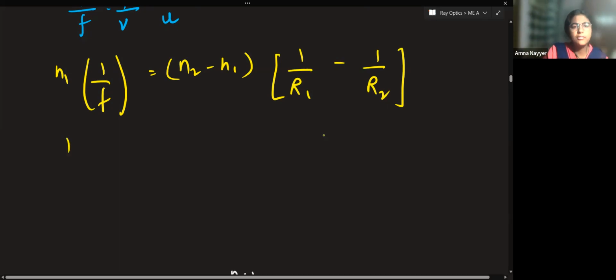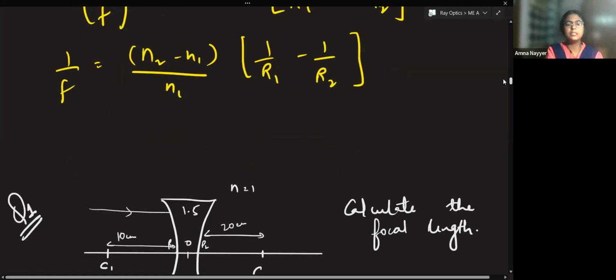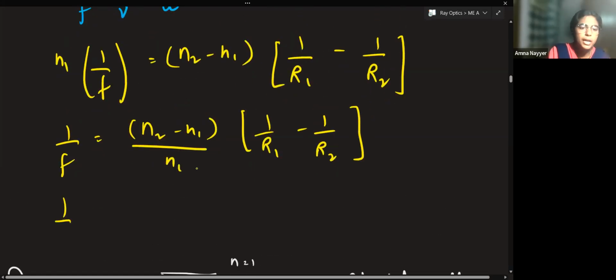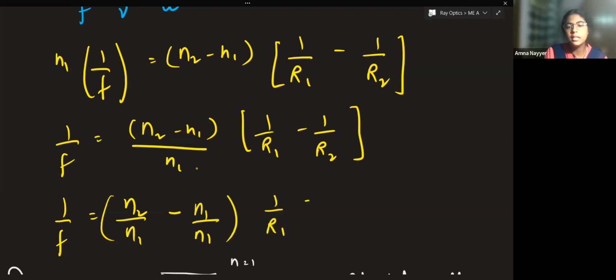So 1 by f will be equal to n2 minus n1 by n1, 1 by r1 minus 1 by r2. If we write the denominator separately, 1 by f equals n2 by n1 minus n1 by n1, times 1 by r1 minus 1 by r2.